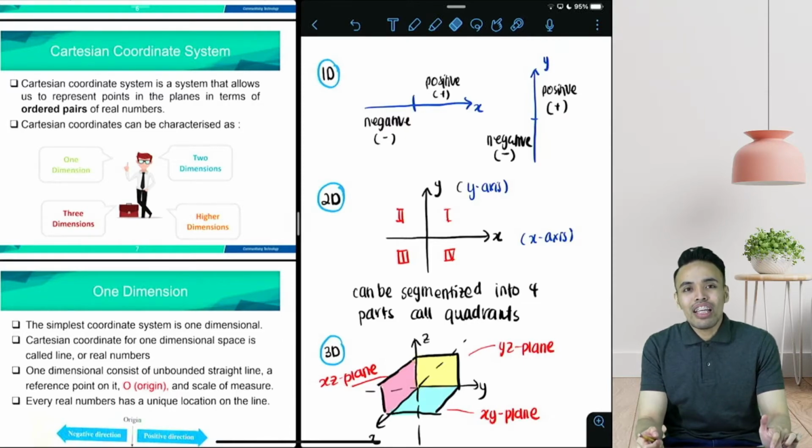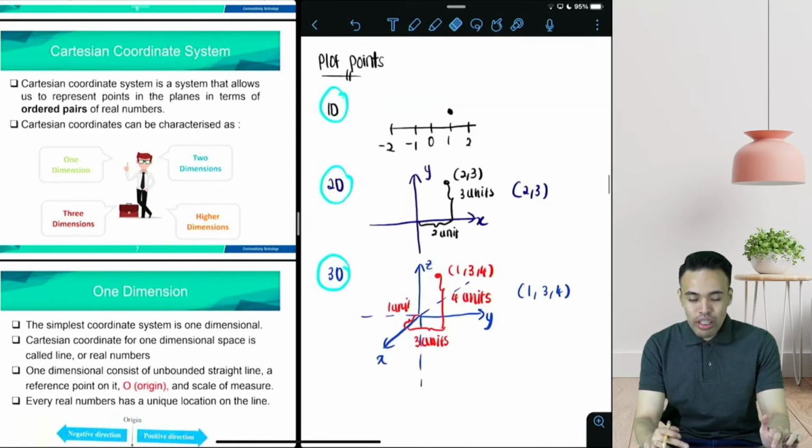Other than that, in a three-dimensional coordinate system, you have an additional axis, which we call the z-axis. It is made up of three different planes: the xy plane, the xz plane, and the yz plane.